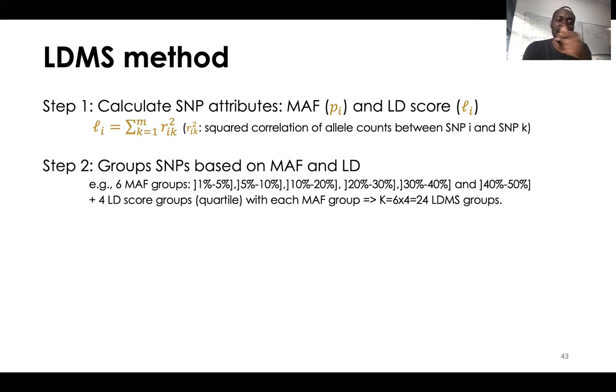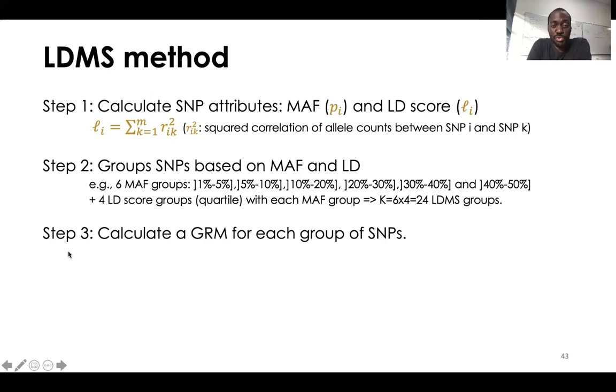By intersecting those MAF and LD groups, we will have essentially 24 groups of SNPs, which within groups are much more homogeneous in terms of LD and MAF than the set of all SNPs as it was defined previously.